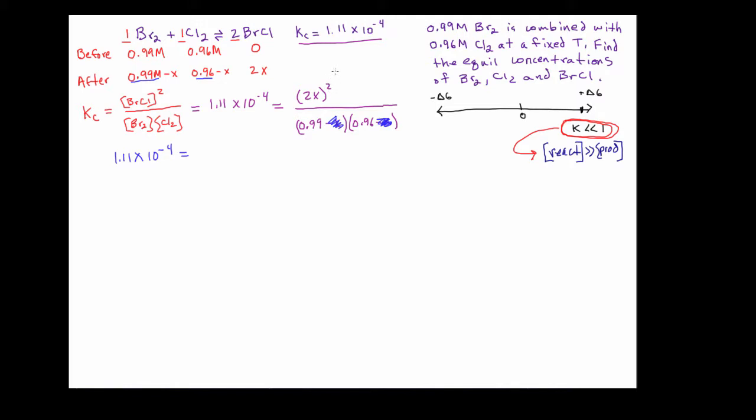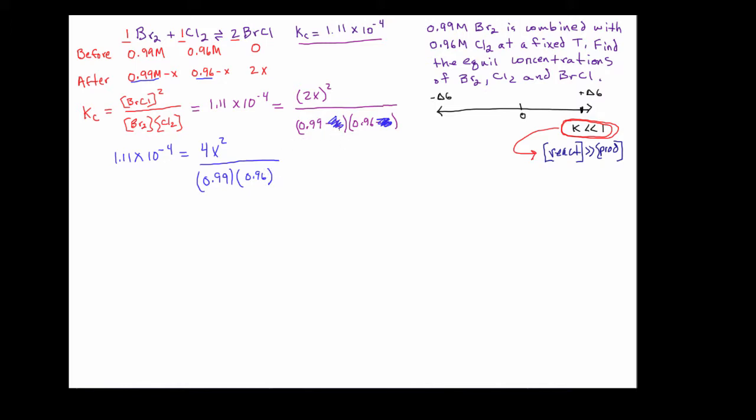So I'm going to go ahead and carry out the numerator. It's 2x quantity squared. So in the top of the fraction, we're going to have 4x squared. So I'll go ahead and write it that way. And then in the bottom, we're going to have 0.99 that represents the Br2, and the 0.96, which now represents the Cl2.